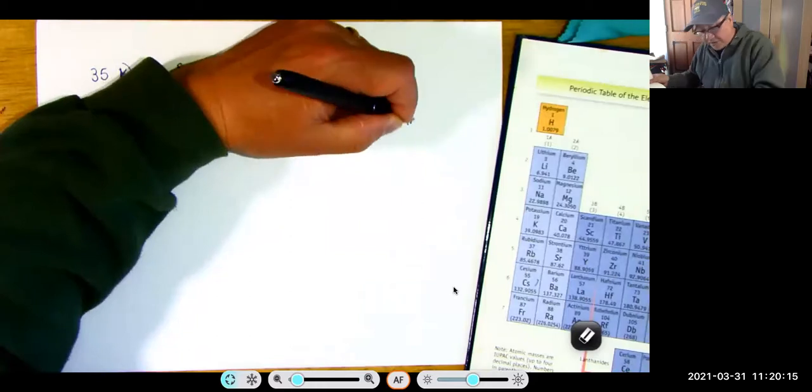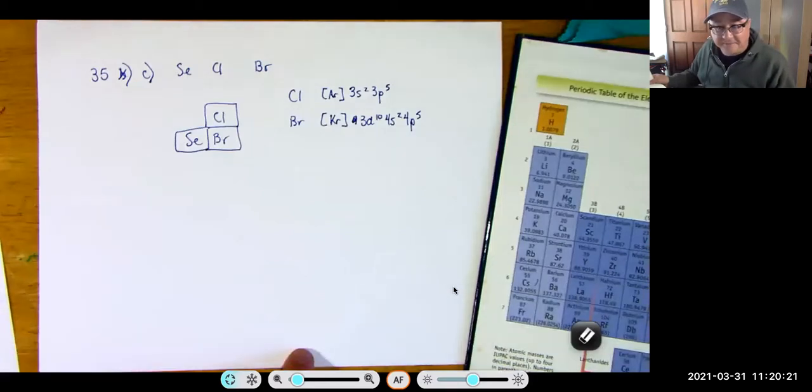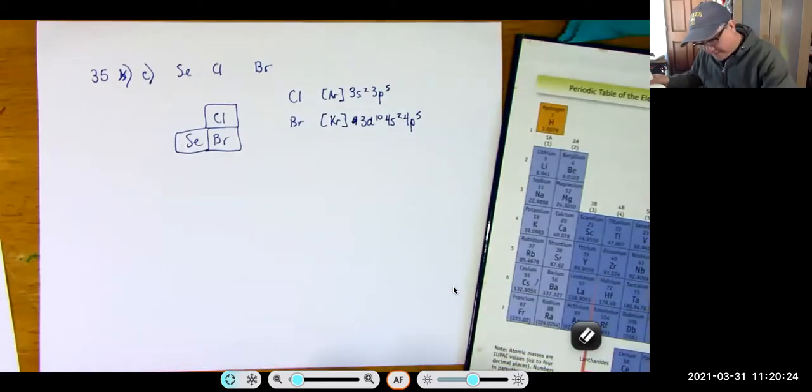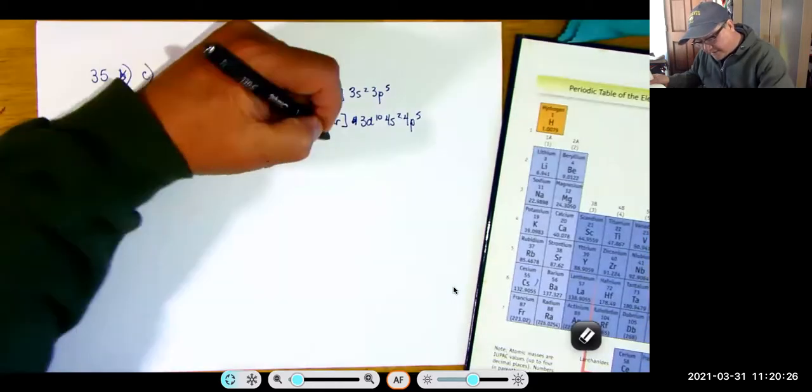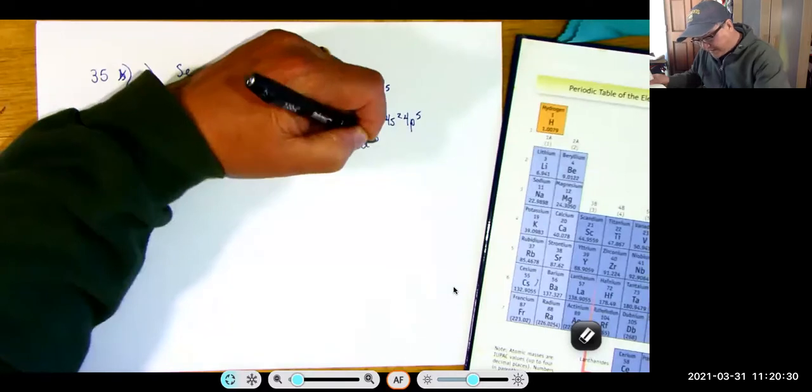And this is something you don't want to do. I jumped straight to the rearranged form. Don't do that. Selenium is going to be 3d10, 4s2, and then 4p4.